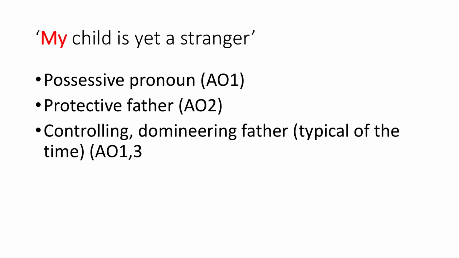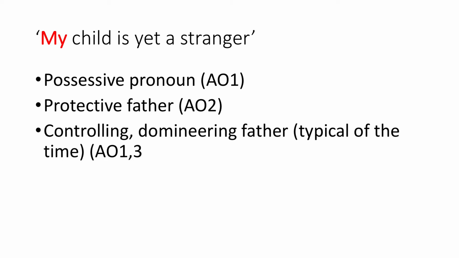parents were seen as the overarching guardians of their children, especially fathers and daughters. So typically, when a woman was a maiden, that means she was unmarried, she would be under the control of her father.